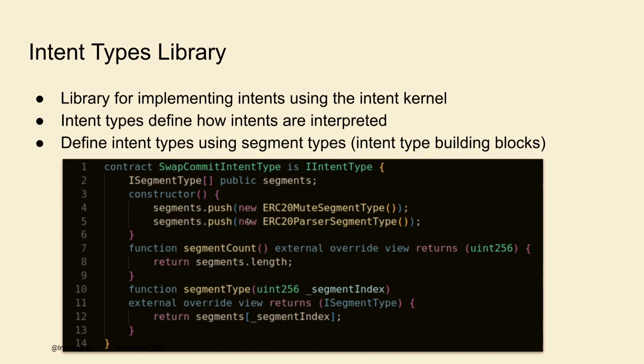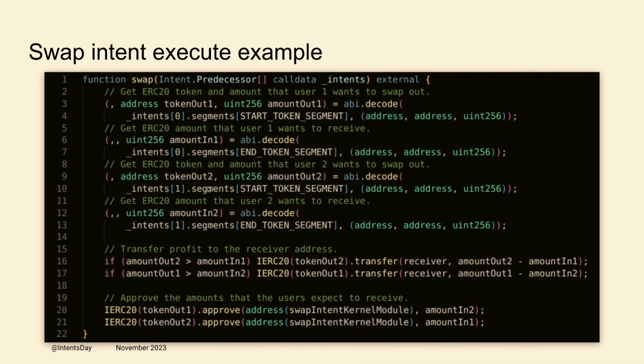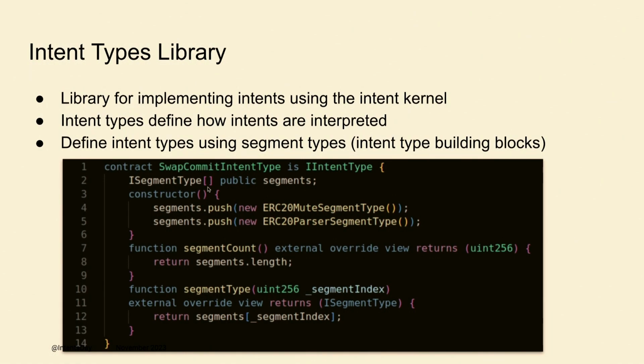In this example, here is what a swap commit intent type may look like. We have an array of segments, and we have functionalities to obtain, given a segment index, the segment type of that index, and we can also ask how many segments are in this intent type. So this is a very concrete example of how you can implement a swap intent using the intent types library.